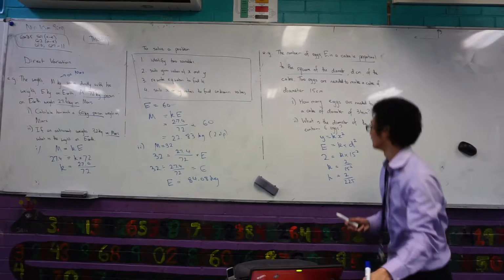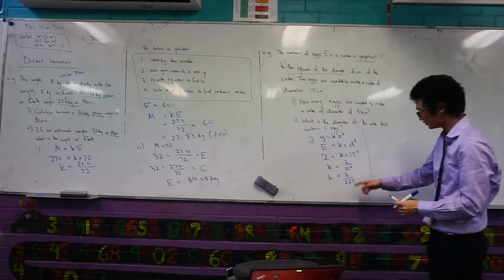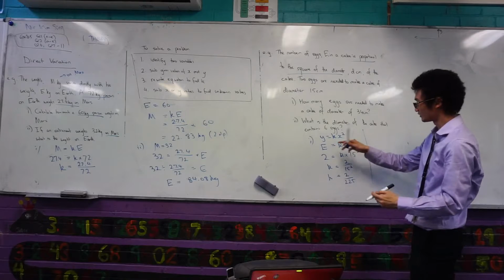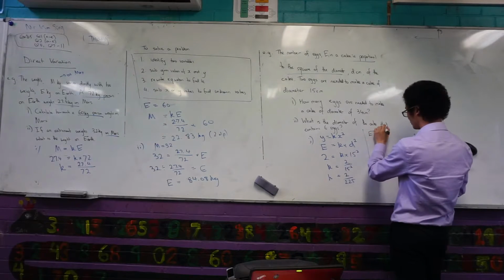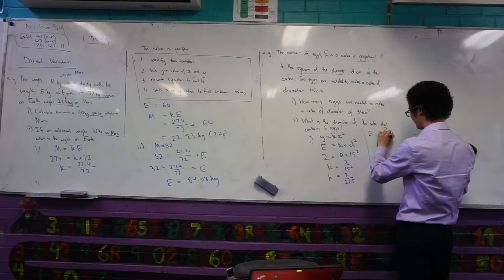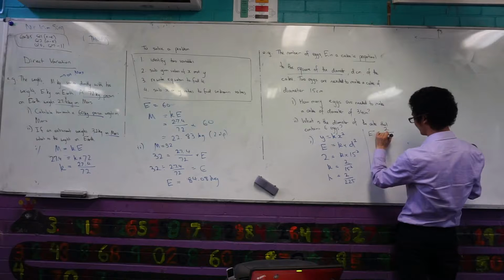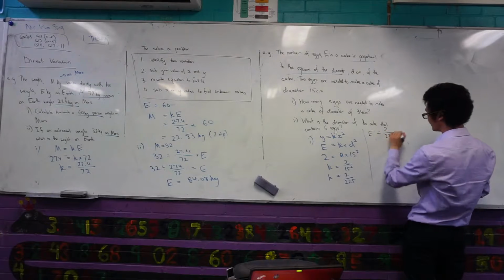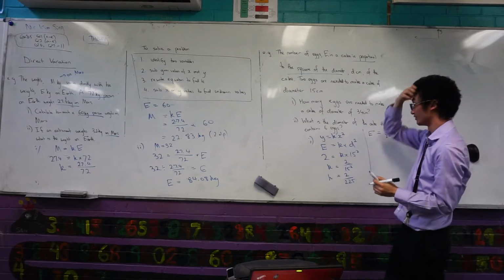Now I've got the k value. What I want to do next is use this k value and go back to my equation. So E is equal to 2 over 225 times d squared. How many eggs do you need to make a cake of diameter 34 centimeters?